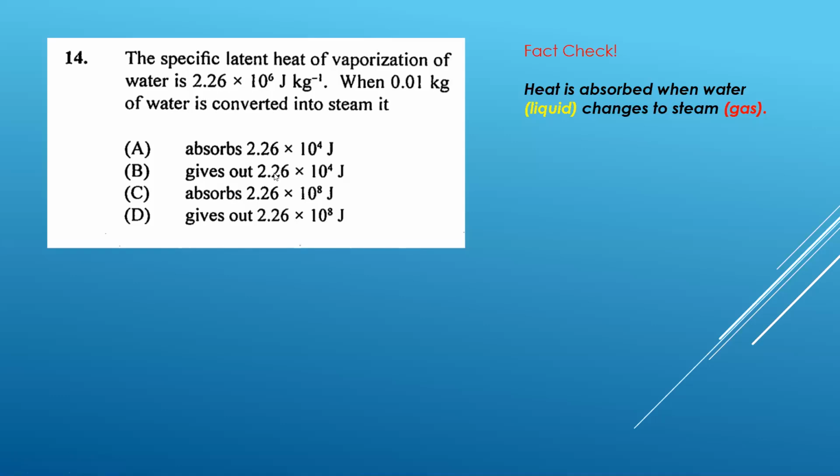So that would be 2.26 times 10 to the 4th power. So it's B. Sorry, A. Right, so A. We'll eliminate the gives out. So A, 2.26 times 10 to the 4th.